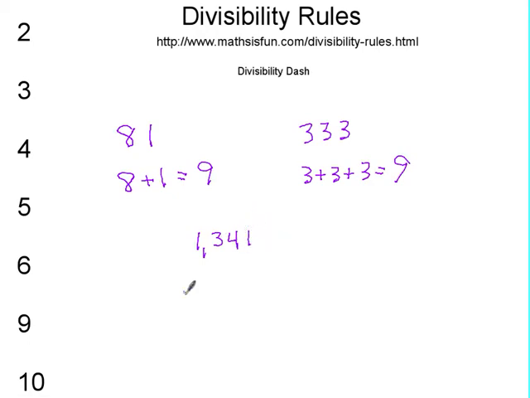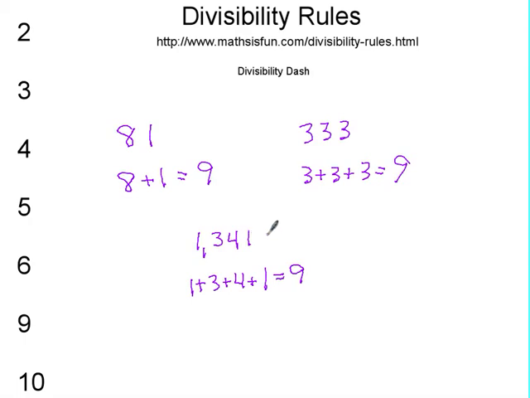Is that divisible by 9? Let's see. 1 plus 3 plus 4 plus 1. 1 plus 3 is 4, plus 4 is 8, plus 1 is 9. 9 is divisible by 9, so that number is divisible by 9.